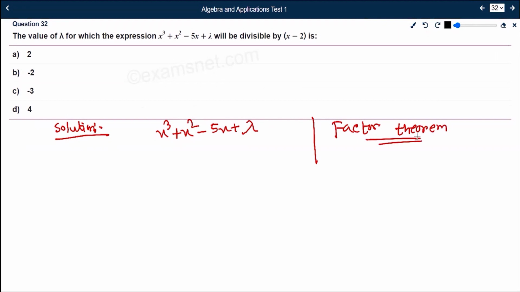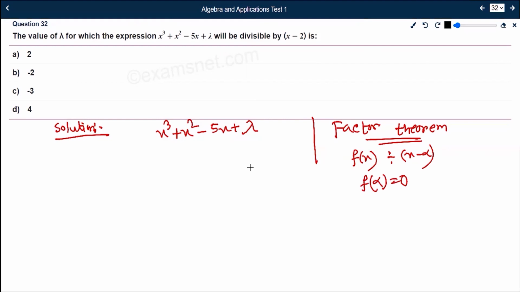The factor theorem states that if f of x is a polynomial and x minus alpha is a factor of it, meaning if we divide, we will get the remainder as 0, then we can say that f of alpha gives us the value 0.